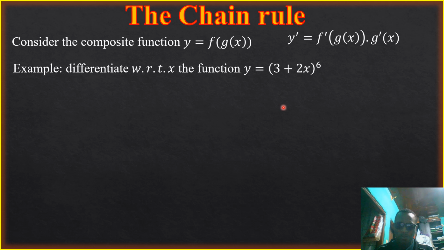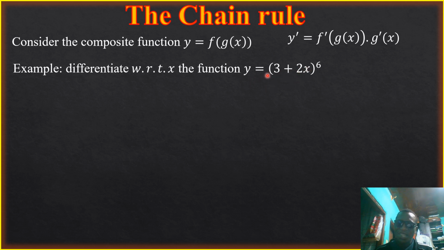This is a power function, and the inside is a polynomial, a polynomial of degree 6 when you expand it. But we'll not do that expansion here. What if the power is 20? Do you think you'll be able to expand? No. This is where you use the chain rule.